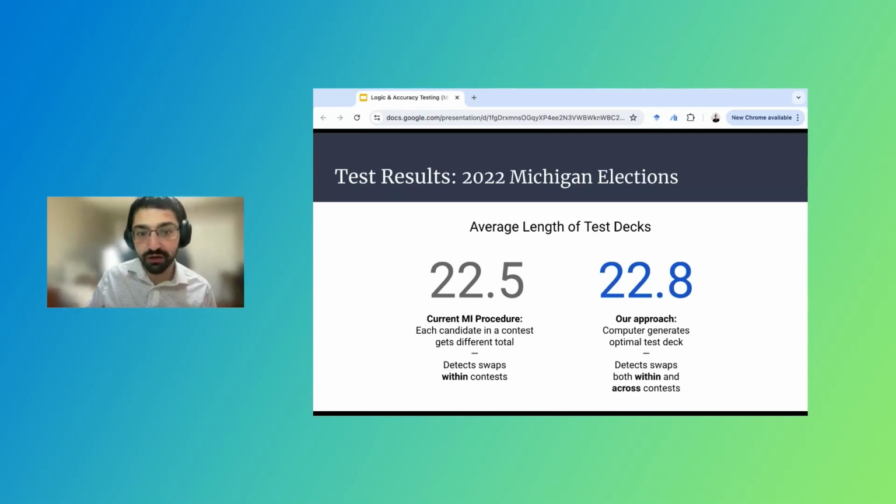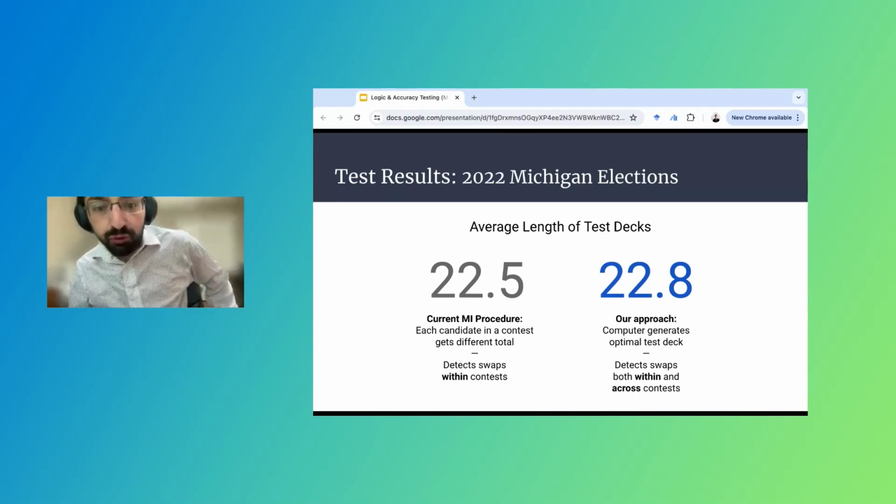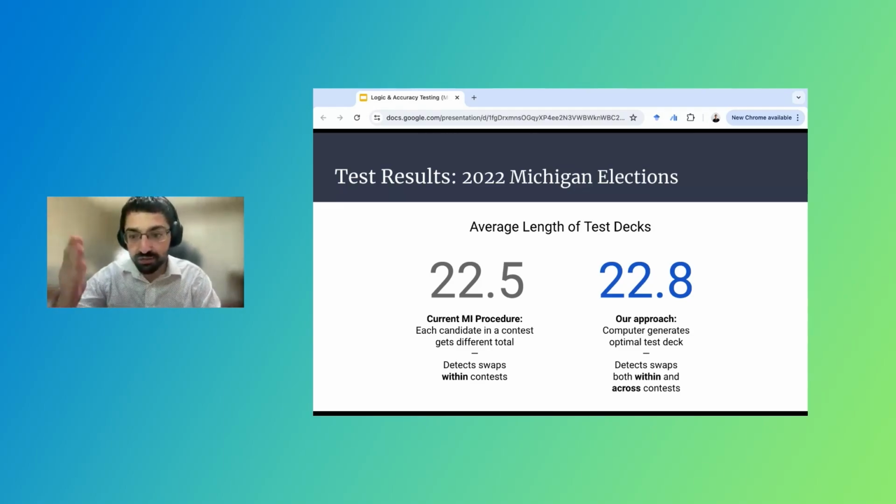Applying our approach, the test decks require only about 22.8 ballots per test deck on average. And our test decks detect swaps both within and across contests in a mathematically deterministic and guaranteed way.